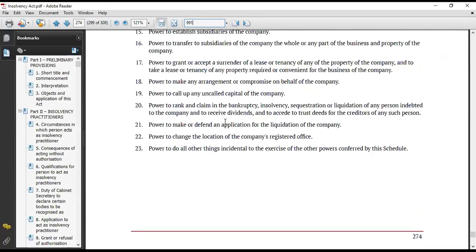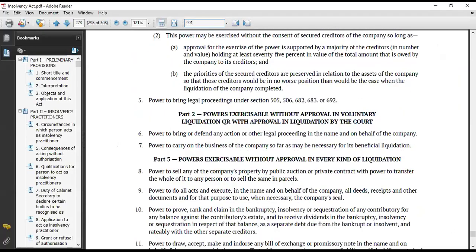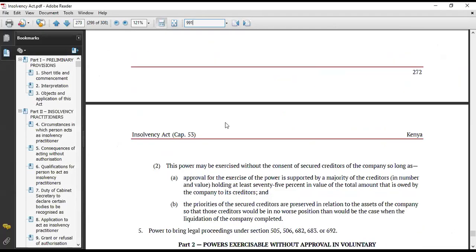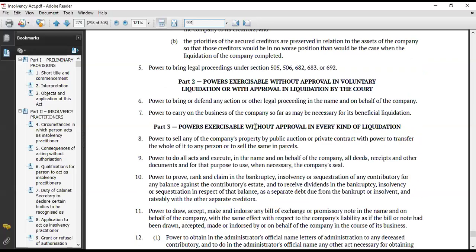Is it the Insolvency Act? No, it's the Companies Act, sorry. I was looking in the Insolvency Act, it hasn't reached 991. Companies Act, let me see. Helen, do you have it with you?